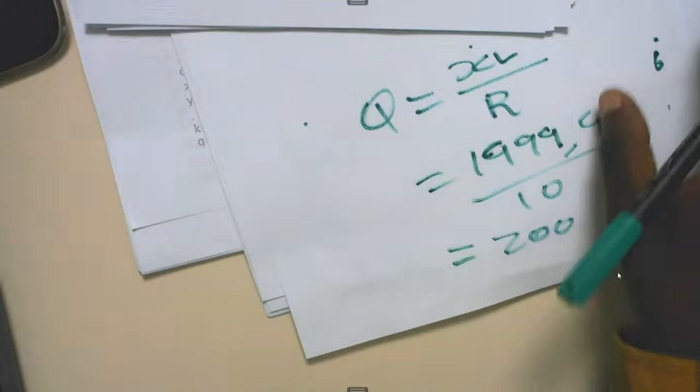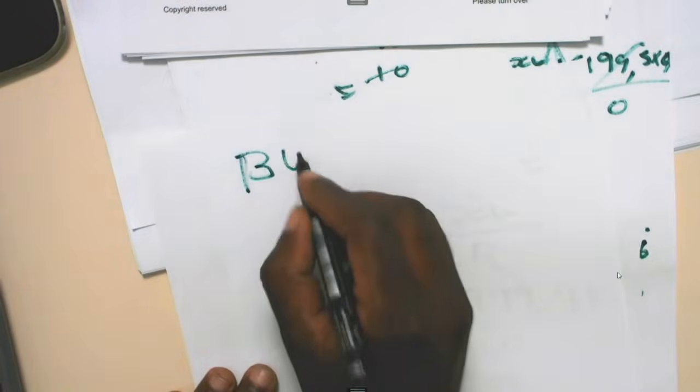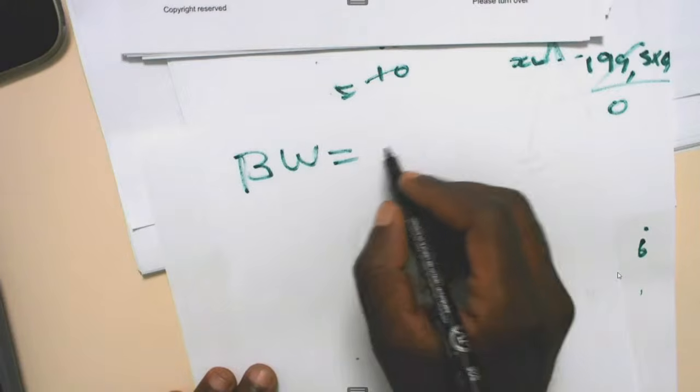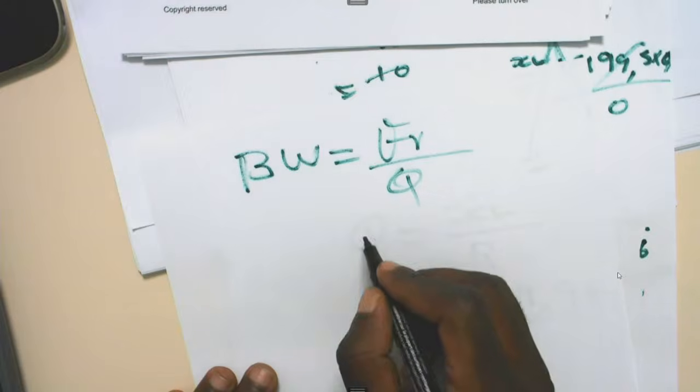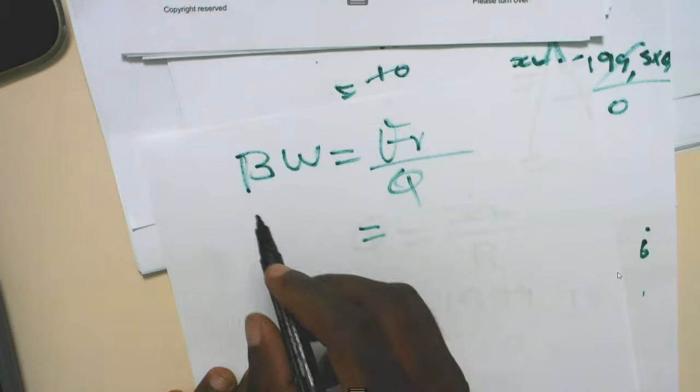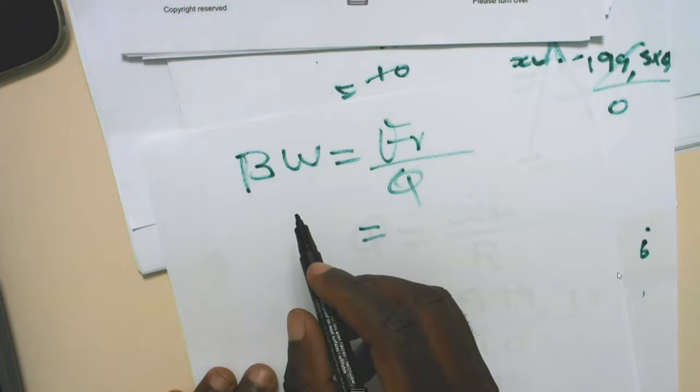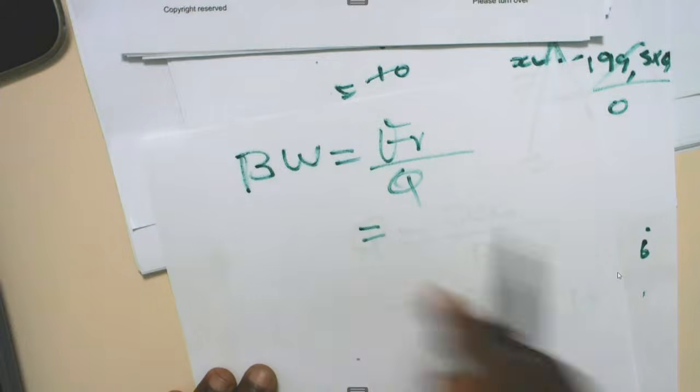So we can now proceed in calculating our bandwidth. Remember, bandwidth BW is equal to resonant frequency over Q. So here our Q from the other side was our Q factor.